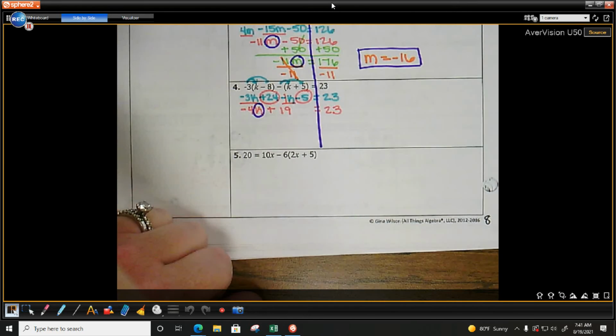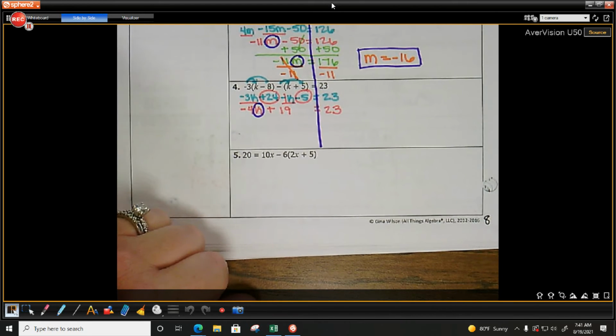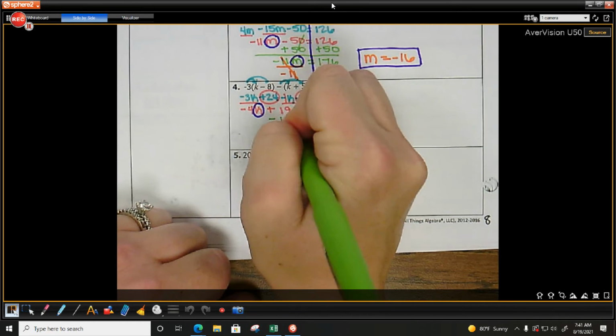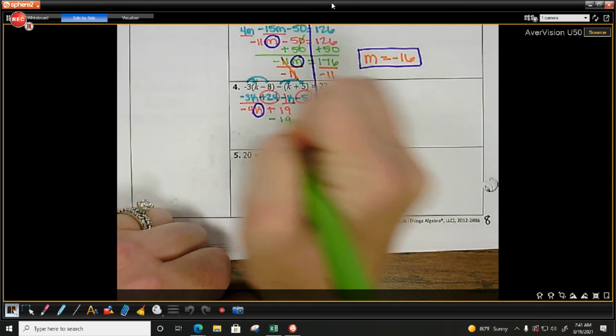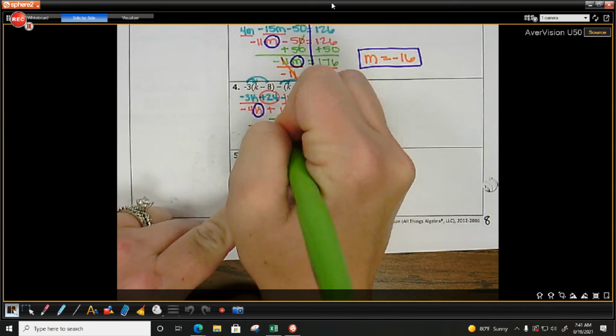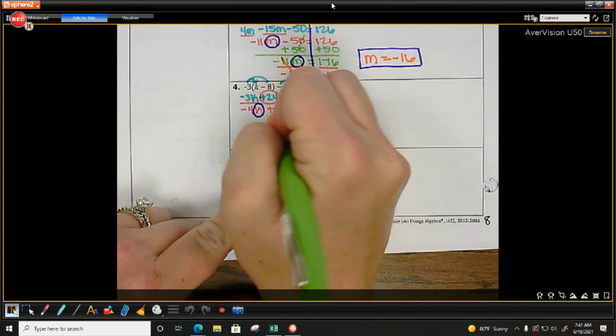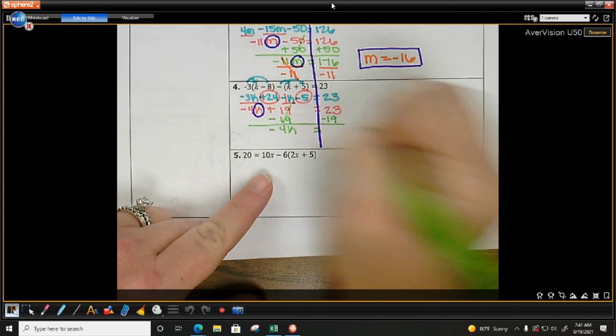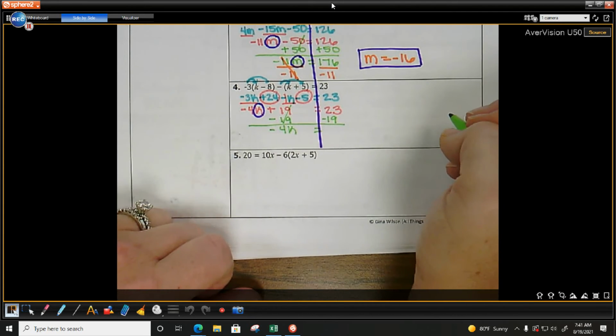Circle your variable. What do I do next? Minus 19. Move your constant, which is the 19. So I have negative 4k equals 4.